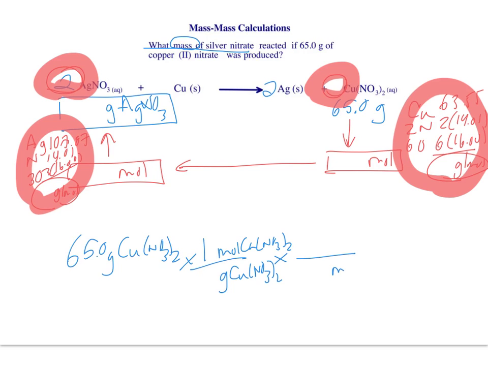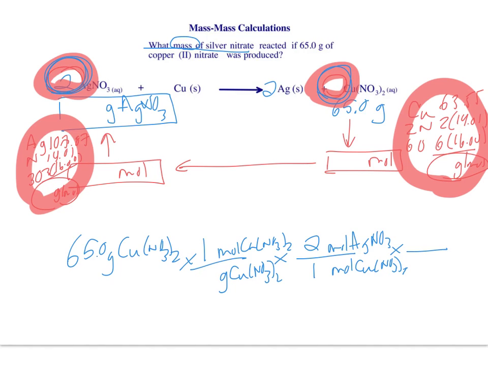Then I'm getting rid of the moles of copper 2 nitrate, and I'm going to moles of silver nitrate, and this is where I'm using the 2 mole to 1 mole ratio that I got up here. Critical that you see that this 2 to 1 ratio is the 2 to 1 ratio that we're using from the balanced equation into the stoichiometry.